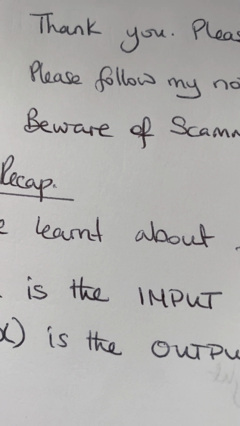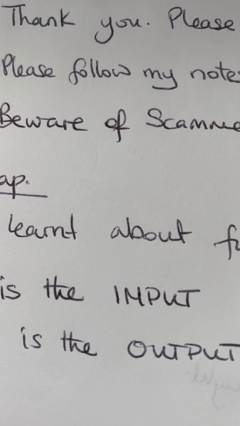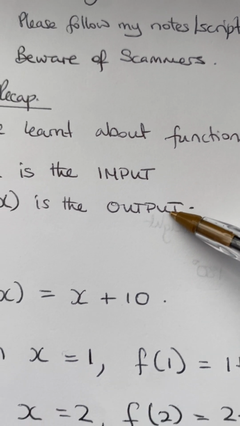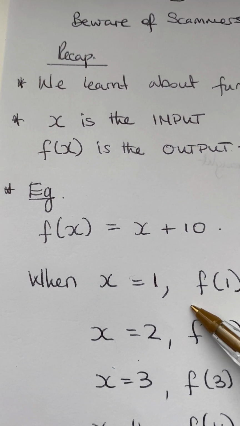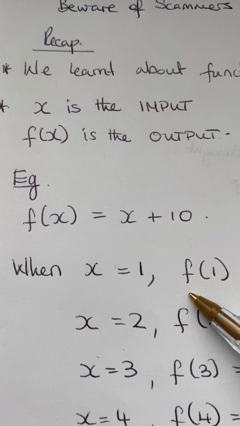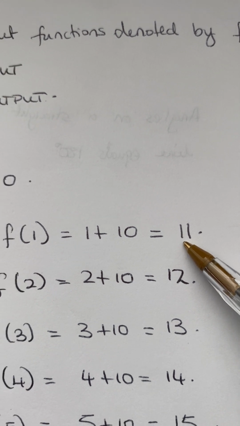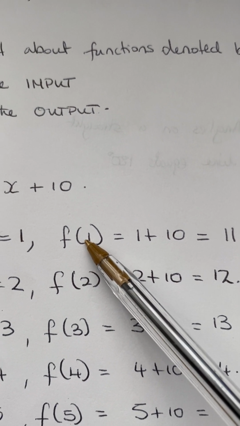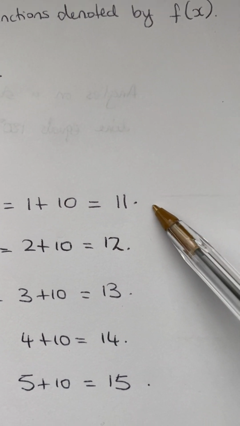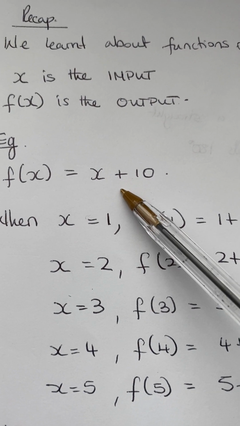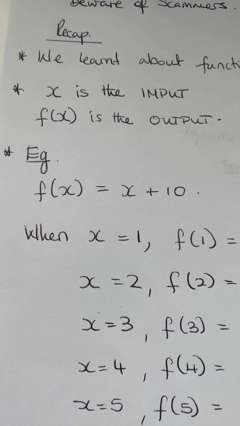What comes out using that function is our output. For instance, if you put x equals 1 and you get, say, 11, then 1 is your input, 11 is your output, and x plus 10 is your operation.